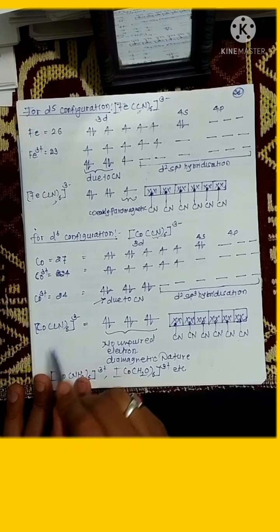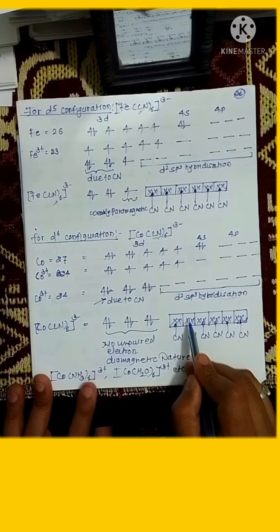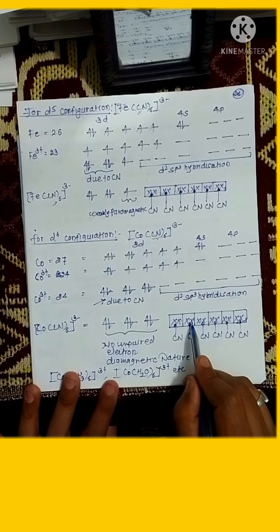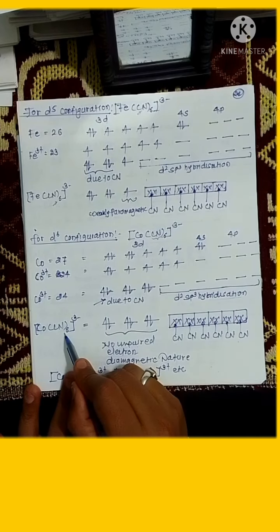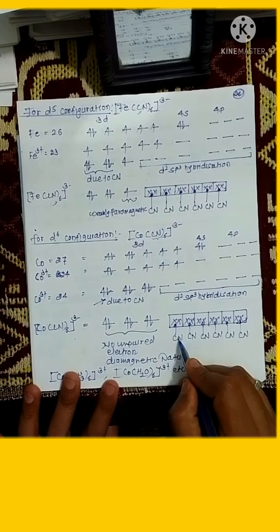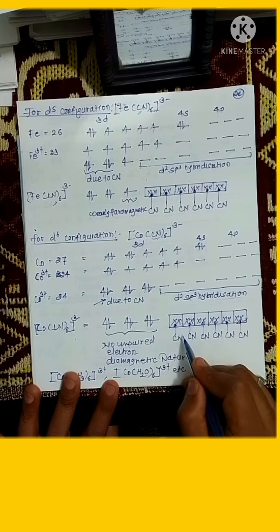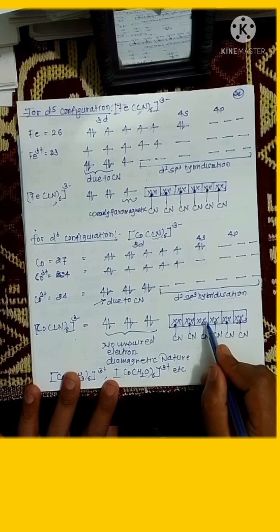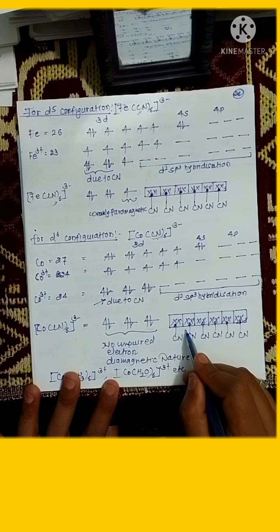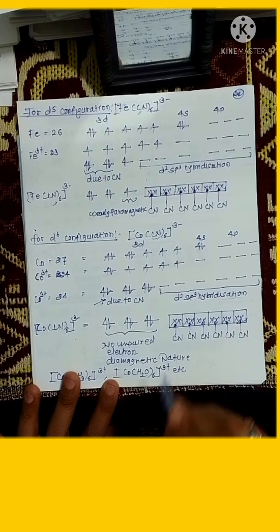So now just see, we have 6 hybrid orbitals and 6 cyanide ligands. Each ligand gives its electron pair to a hybrid orbital and forms 6 coordinate bonds.